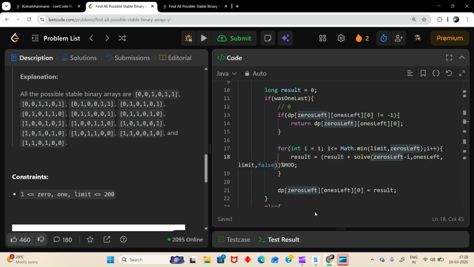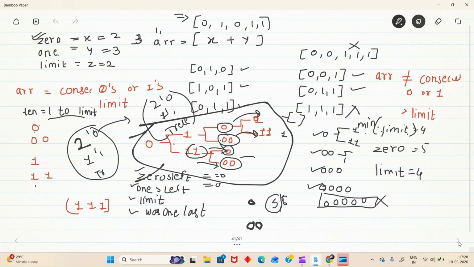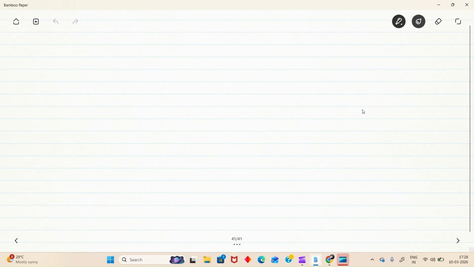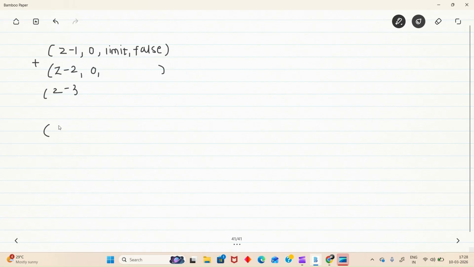Basically, in the recursive function, let's say my zeros left is z and ones left is o. We compute solve(z minus 1, o, limit, false) plus solve(z minus 2, o, limit, false), plus z minus 3, and so on up to z minus limit.